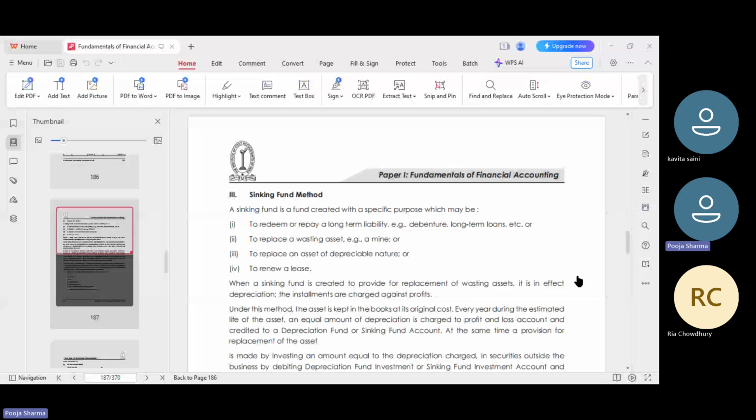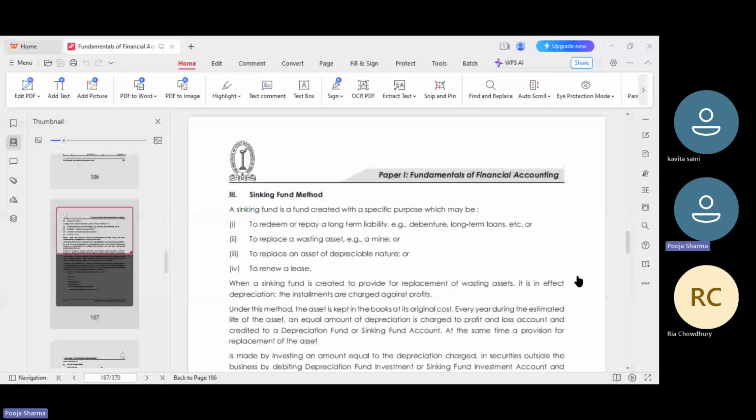So here is the entry given for the loss on sale or profit on sale. Now, the investment is made in the last year as investments are to be sold out. The investment we have to make in the last year when we sell it out.